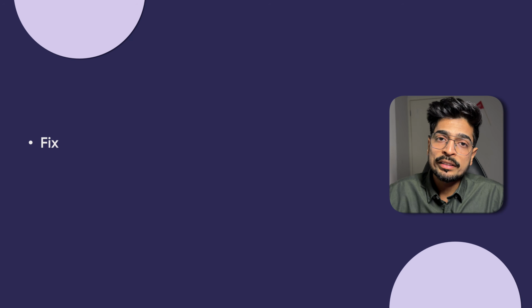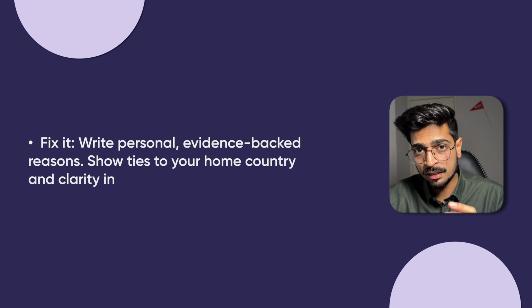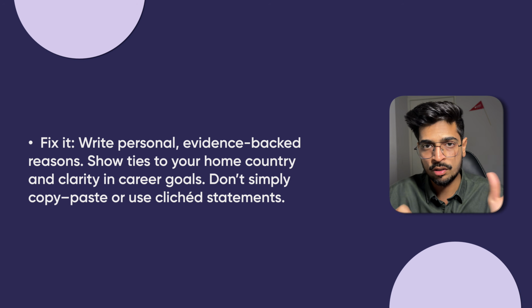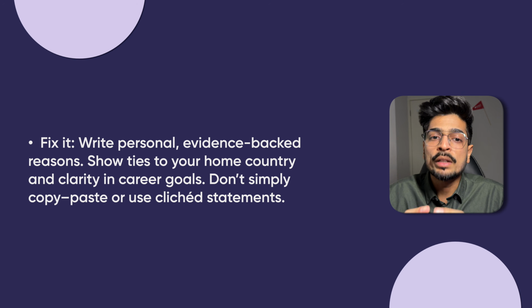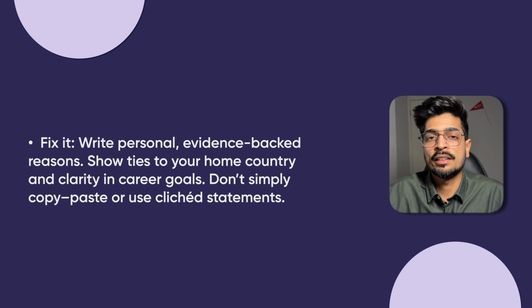To fix it, write personal, evidence-backed reasons why you are this particular person and what you've done since your start, and try to show ties to your home country and clarity in career goals, right? Don't simply copy-paste or use cloned statements. That's actually a problem for you.